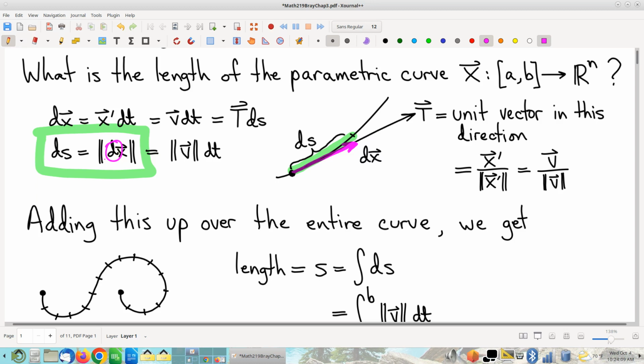Okay, all right. So the third object that I want to talk about here is I'm going to call capital T, and this is somewhat standard. This is a very common choice anyway, capital T. It is the unit vector pointing in the direction that the curve is going. Now, you can think of this in a couple of different ways. You can think of this as the unit vector pointing in the direction of dx.